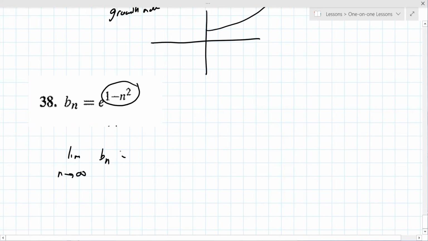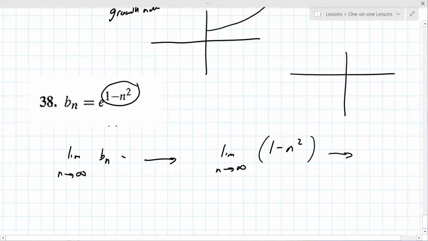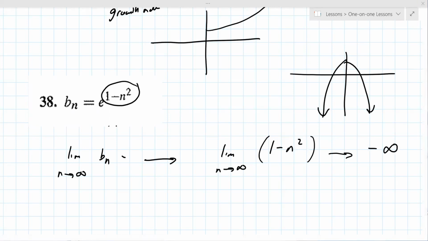So this is really the limit as n goes to infinity of 1 minus n squared. So what does this go to? You can look at a graph. 1 minus n squared looks like this. How would you do it if you didn't know what the graph looked like? You couldn't. You'd have to put bigger and bigger numbers in and make an educated guess.